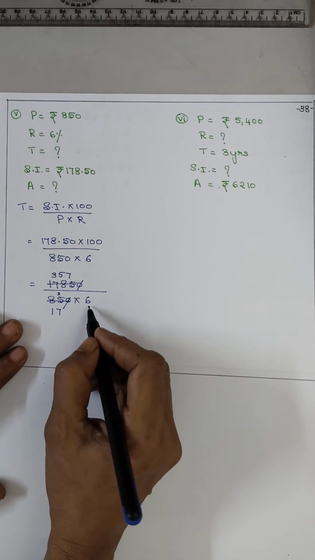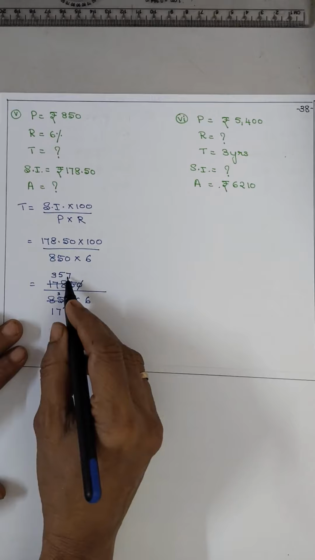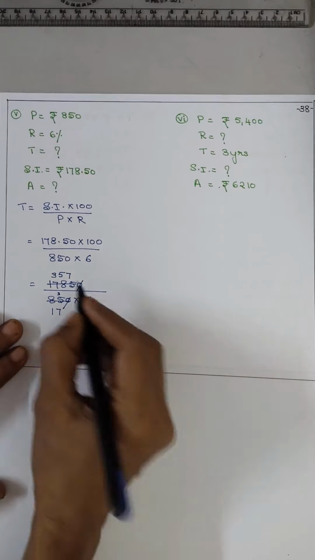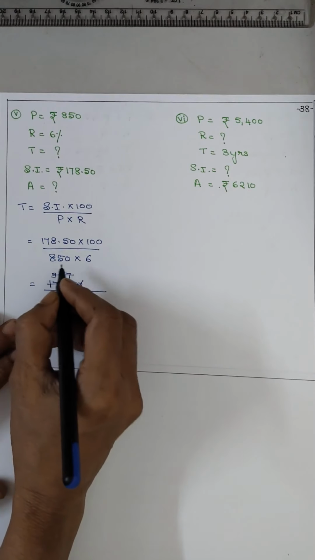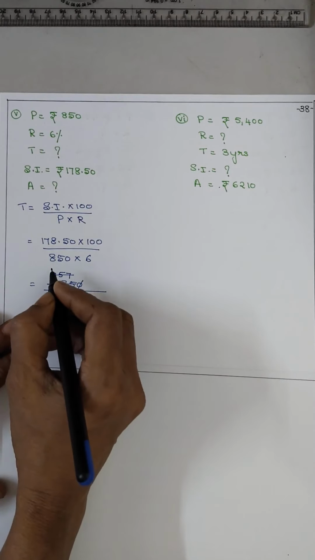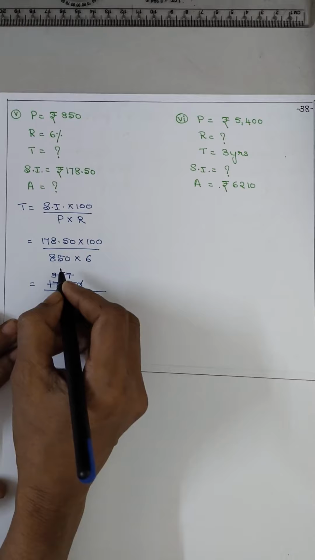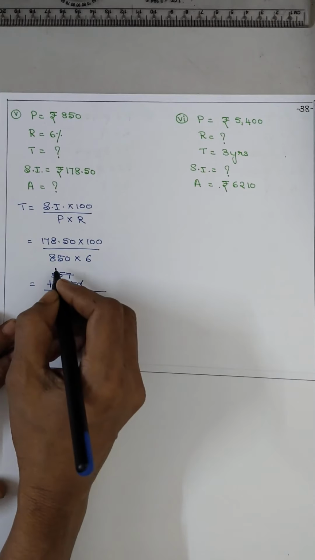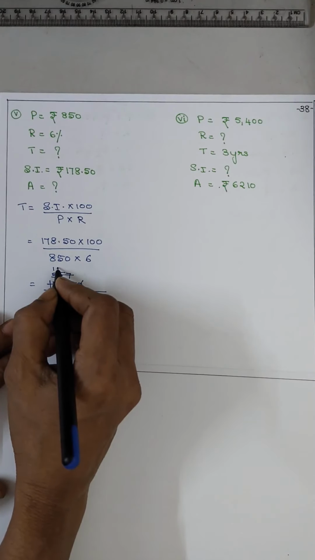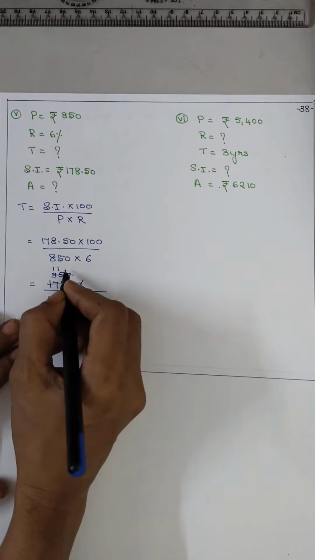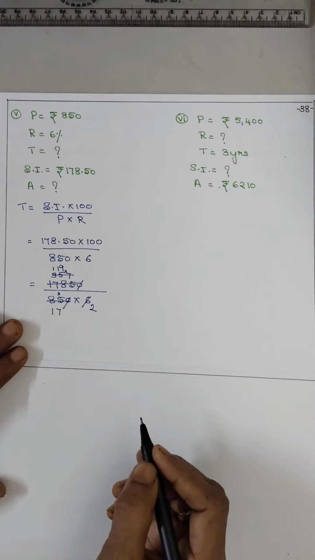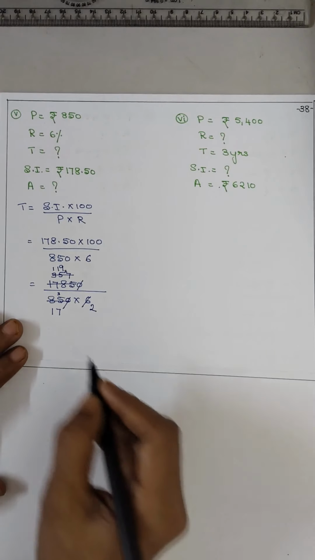Is it divisible by 3? Yes. 3 2s are 6, 3 1s are 3, 3 1s are 3, 2 remains, 9s are 3 9s are 27.